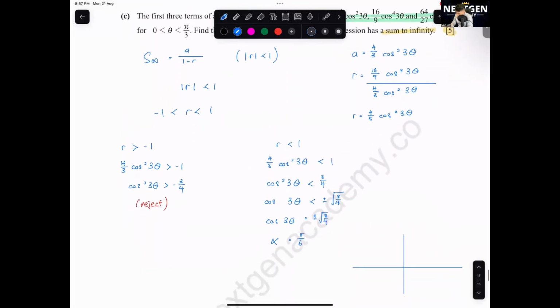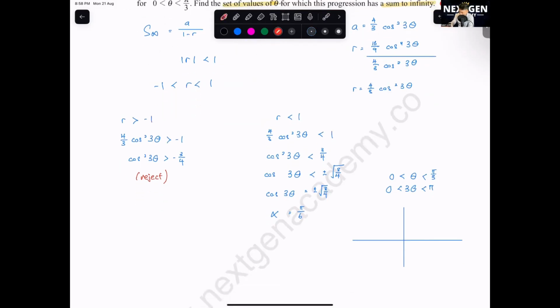They say 0 to pi/3. The angle that we are solving over here is 3 theta, right? So you need to multiply it by 3. That means we are considering from 0 to pi. From 0 to pi means I will take the first 2 quadrants only as my answer here. So what are the 2 angles that we want?